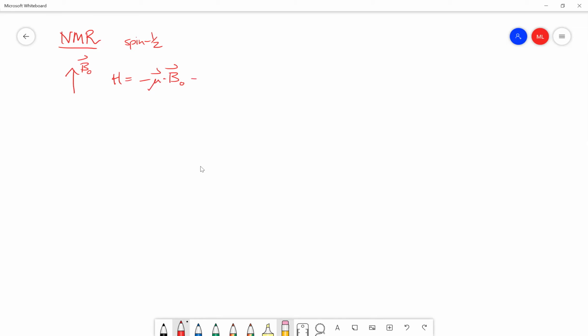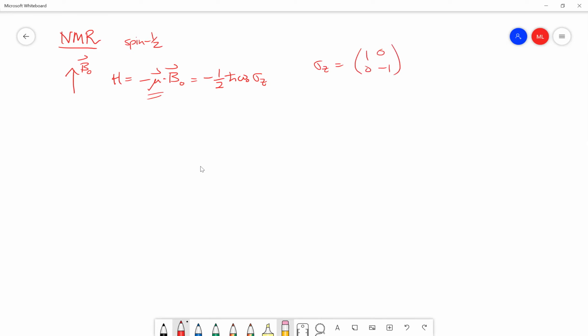So this thing is 1/2 h bar times a characteristic angular frequency, omega naught, times sigma Z. That comes from the moment being proportional to the vector of Pauli matrices, the spin 1/2 business that we covered in the first semester. And of course, sigma Z is just the Pauli matrix, 1, -1, 0, 0.